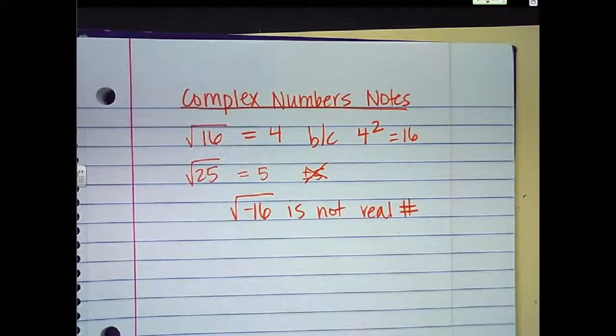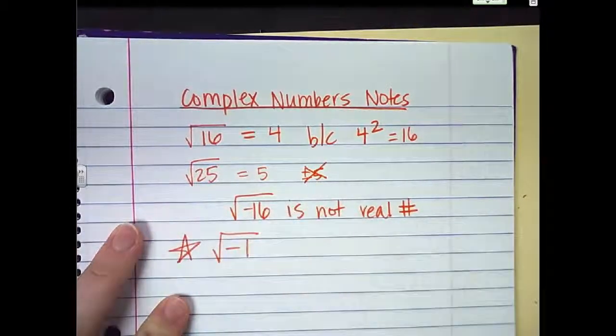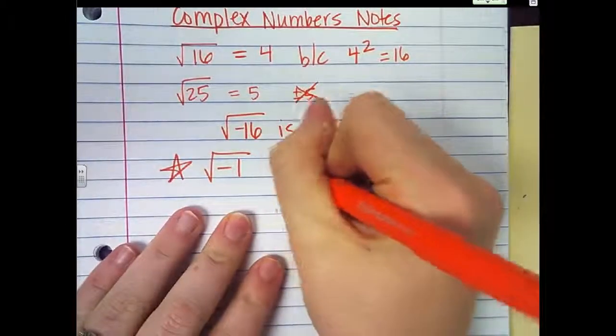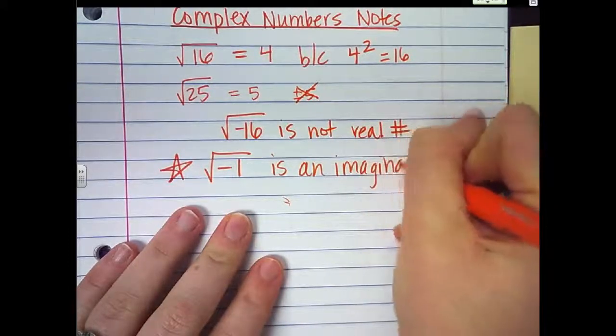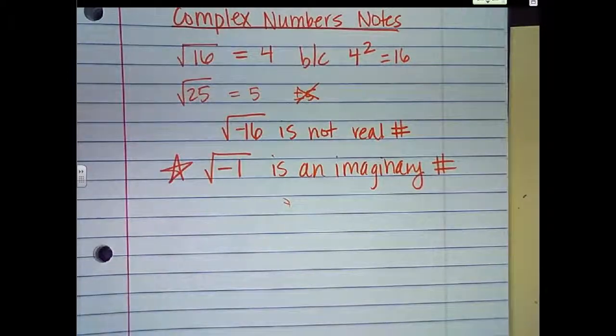So we're moving outside of real numbers today into its own little section: imaginary numbers. So what is an imaginary number? The square root of negative 1 is an imaginary number. So here's where we're going to actually be able to simplify negatives under square roots.